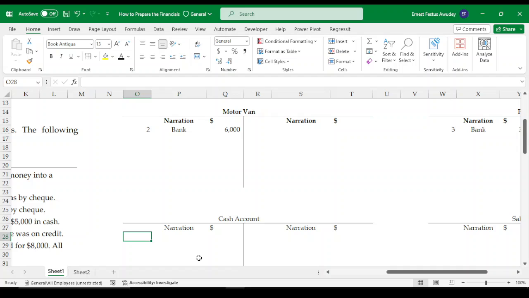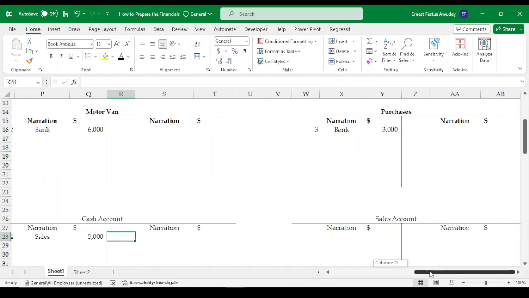All right, so I'll come here and I will have transaction 4, and the narration is going to be sales because the corresponding entry is going to our sales account, and then the amount involved is 5,000. I'll come to my sales. Since this has been debited, I'll come to the credit side of my sales account. Now, the sales account always has a credit balance, and sales is an income.